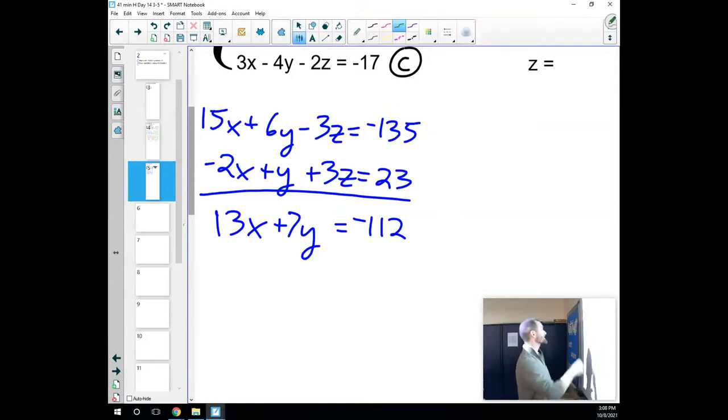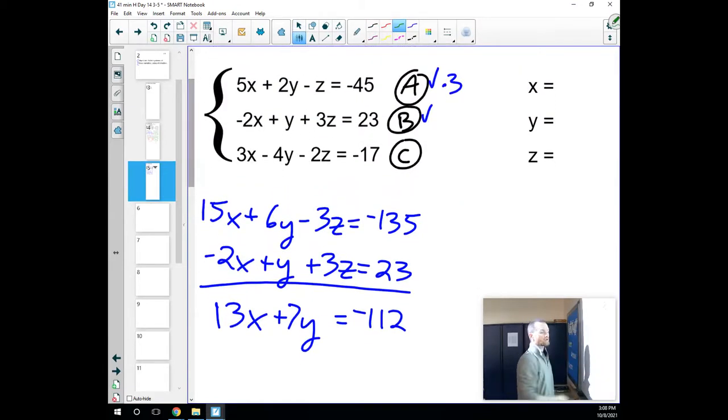Now we're going to do something similar with another pair, because again, we want to eliminate z. We've got one equation right here with two unknowns. That means we need a second equation with the same two variables. What can we do here to eliminate z? We definitely still want A involved because that -z is going to be very easy to manipulate.